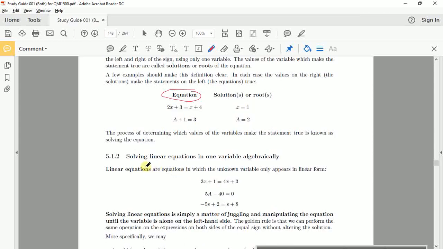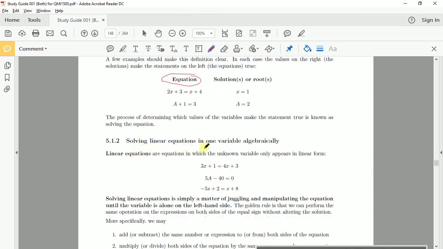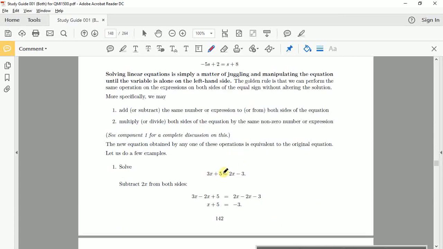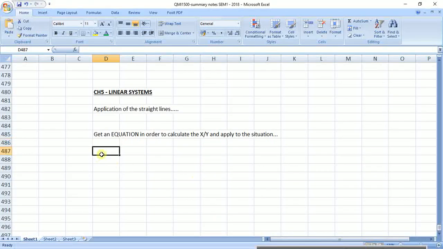The first thing is solving linear equations using variables. Basically you're going to be substituting amounts in and finding the missing figure. This is almost like simultaneous equations actually.